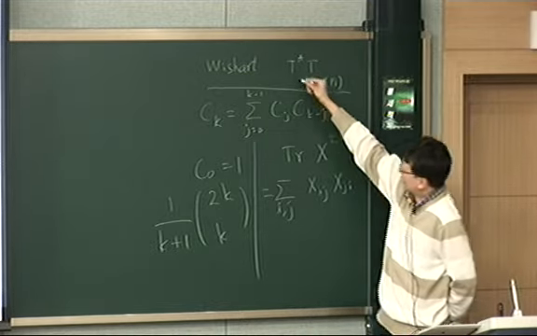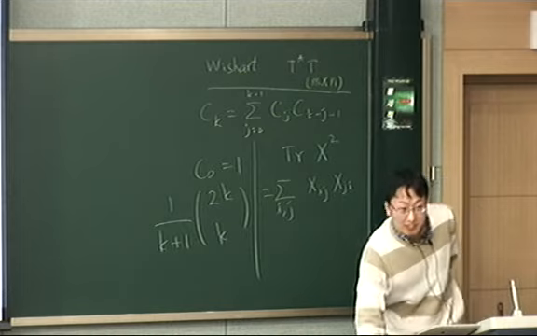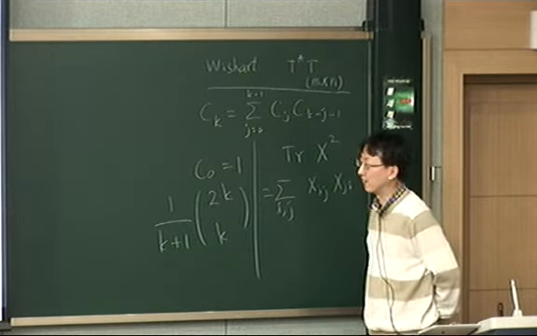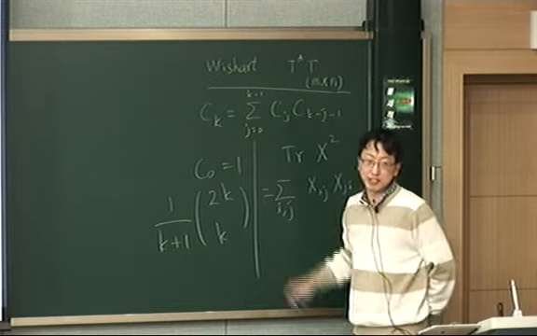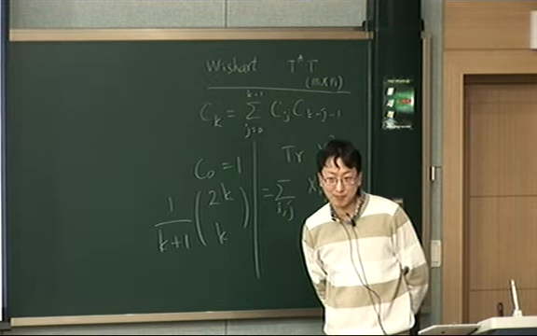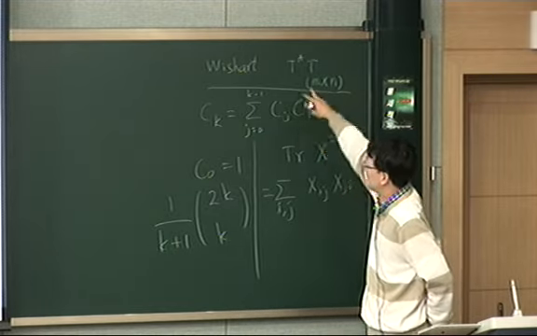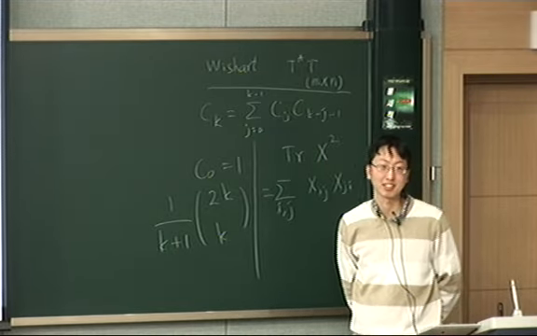But then T star times T is a square matrix, and this is always symmetric or Hermitian. But the problem with this type of matrix is that it does not have the IID property. It has a much different structure than the IID case.